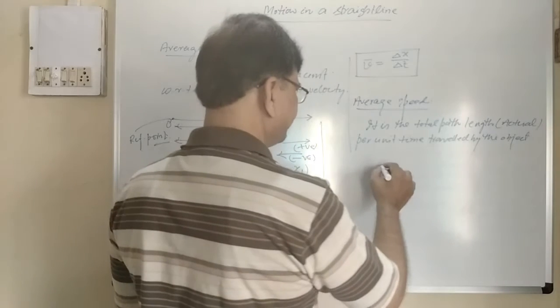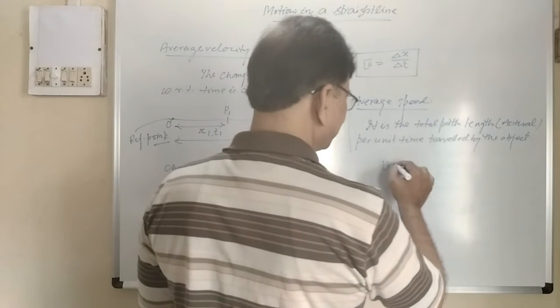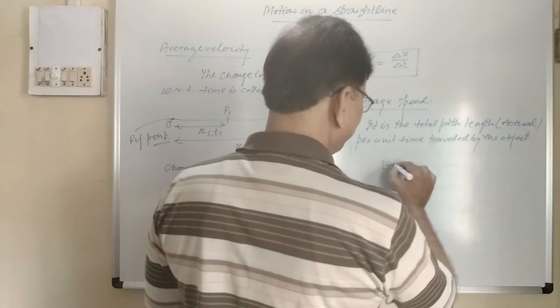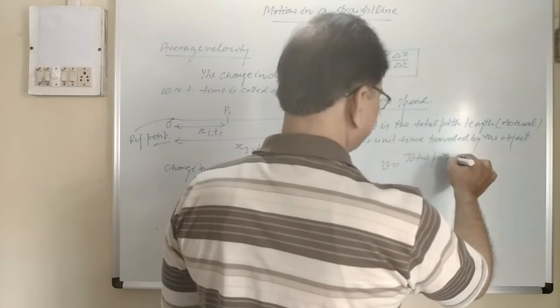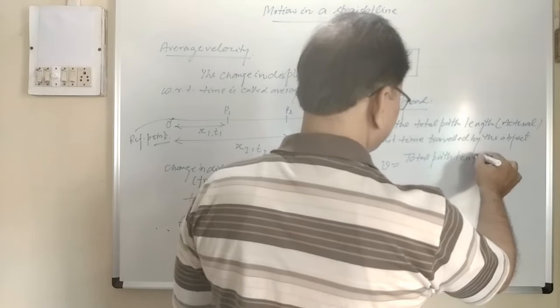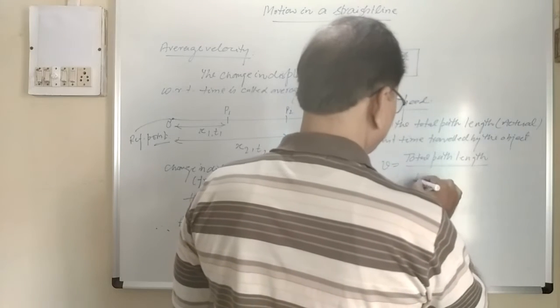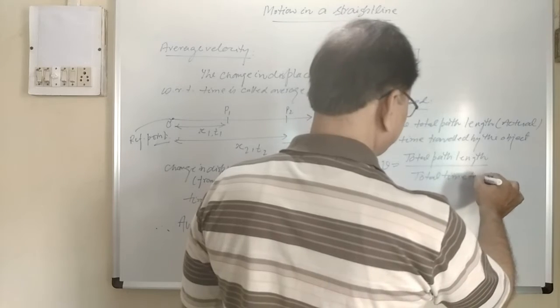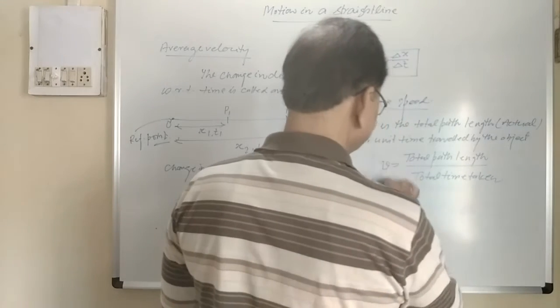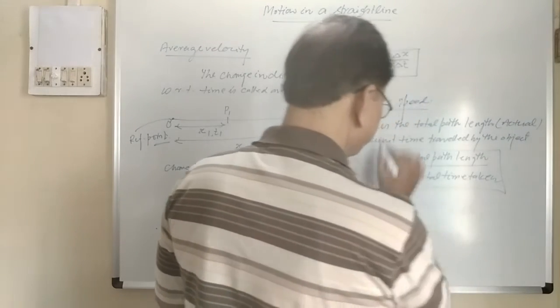So we can say that in this case, the magnitude of v bar is taken on the total path length upon the total time taken. This is the average speed.